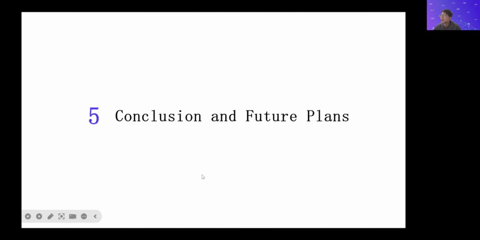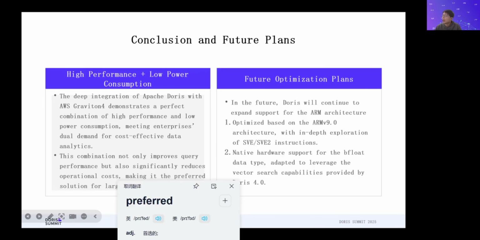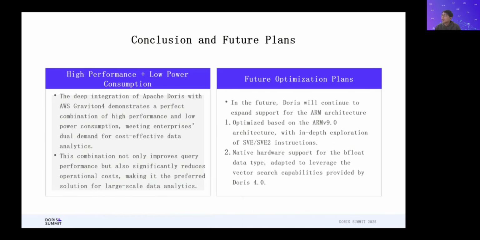Okay, let's summarize what we have covered so far and look ahead to the future plan. Firstly, the conclusion: the deep integration of Apache Doris with ARM, AWS Graviton 4, has achieved a perfect combination of high performance and low power consumption.